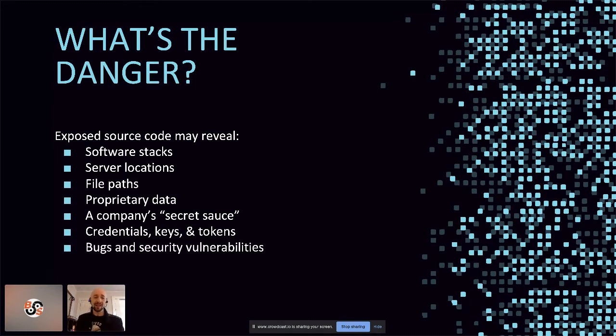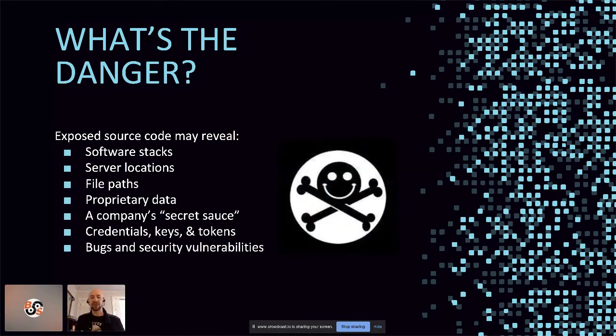And not to mention bugs and other security vulnerabilities, because after all, SonarQube is a static analyzer, and so the results that it finds in its scans could also be exposed and give you a leg up on how to attack the code. All of this basically amounts to a treasure trove of information for an attacker. So it's definitely something that they've been looking for, as we've seen.